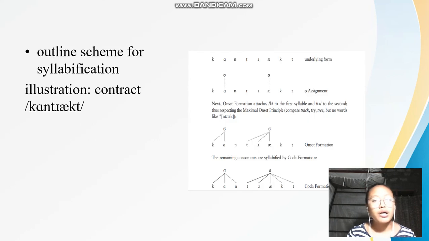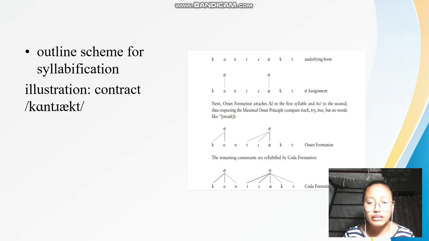Now, when we do syllabification, we may use the outline scheme. Here we use the word contract. First, in the outline scheme for syllabification, we do assignment, which means we determine which ones are the syllable sounds, and we mark them with the Greek symbol of syllable.